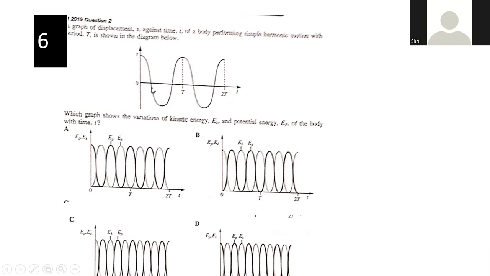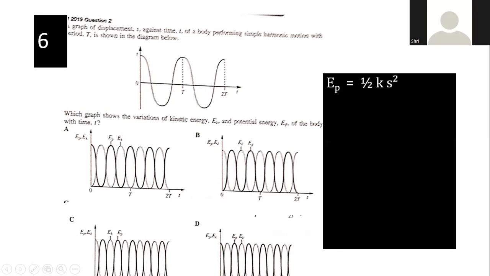I square this negative, it becomes positive. So if I look at potential energy, I should see for this period 1, 2, 3 peaks. There's a potential energy graph, 1, 2, at the period T, 3. So the answer is A. And kinetic is the other way around.